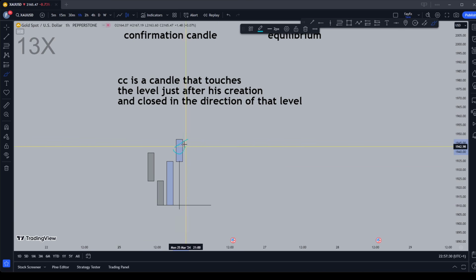This is the CC, the confirmation candle. We have a V level, and just after its creation, this candle came down, touched the level, came up, and continued its move.